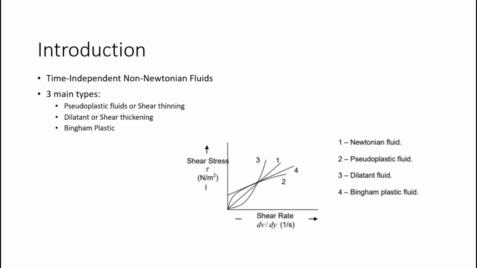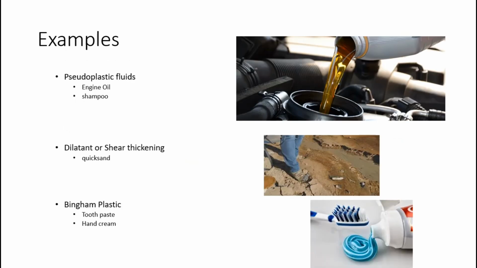Here all three non-Newtonian fluids are plotted in the diagram. Also included is a Newtonian fluid, and examples can be water or acetone. Here some examples are shown. For the example of pseudoplastic, engine oil and shampoo, we use them in daily life.